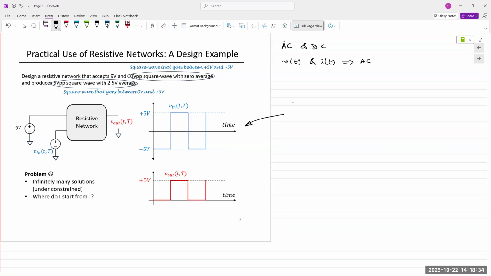A square wave is a subset of a rectangular wave. A rectangular waveform basically has this shape, and it's a flat line at the top. So it's like a flat DC line for a small portion of time.